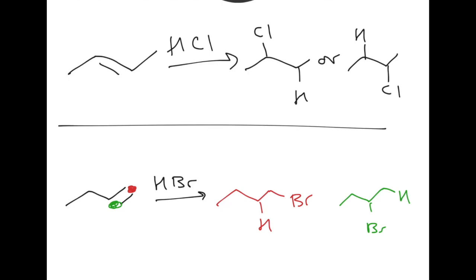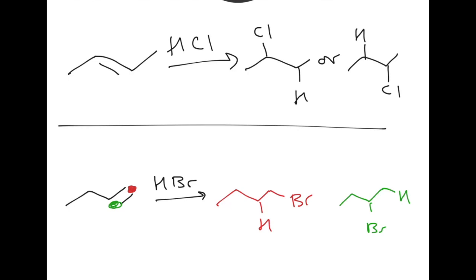How do you know which product you're supposed to expect from the reaction? Well, you can think about what carbocation gets made in the mechanism, right? So if you remember, wherever your halogen ends up in your product, there was a carbocation there before.